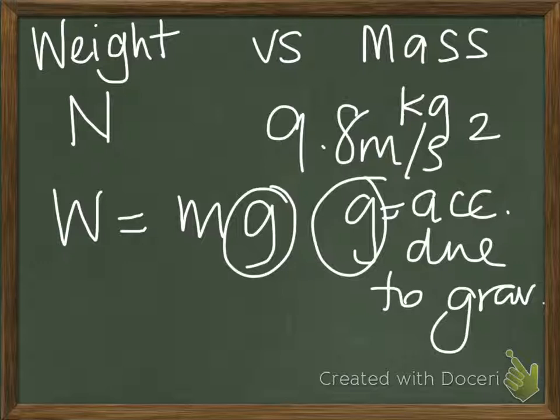So for example, if you're on Mars, your weight will be different than if you were on Earth, because it has a different acceleration due to gravity. The amount that gravity is pulling on you is different on Mars than it is on Earth. So weight changes according to where you are, whereas your mass, or the amount of stuff that you are made up of, is constant. It doesn't change.